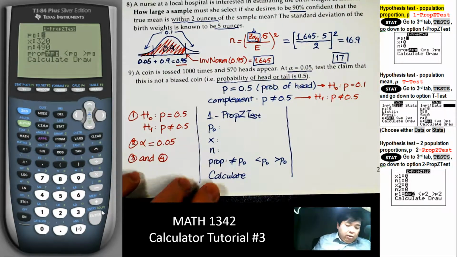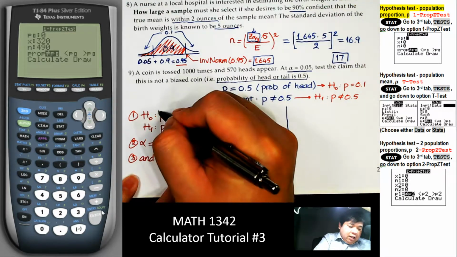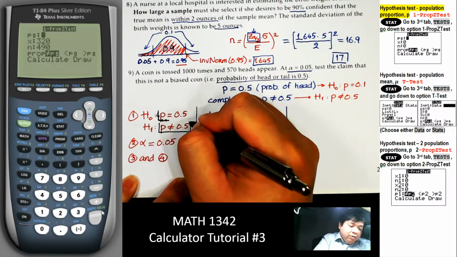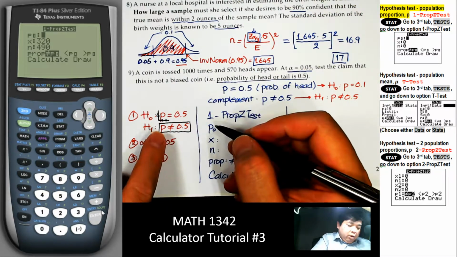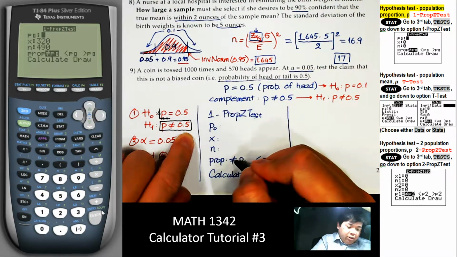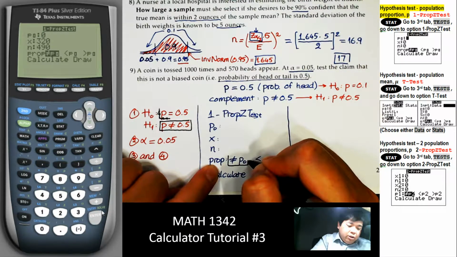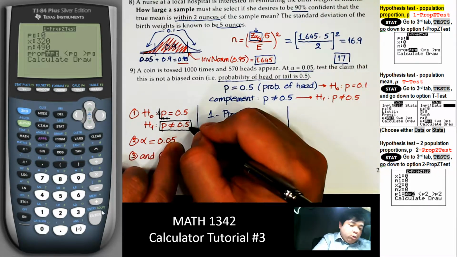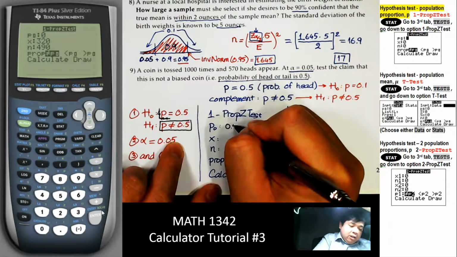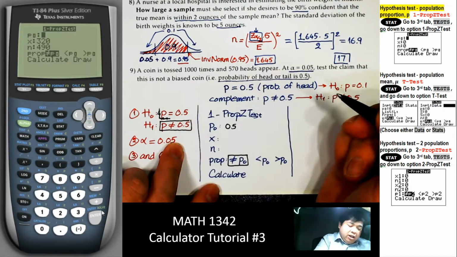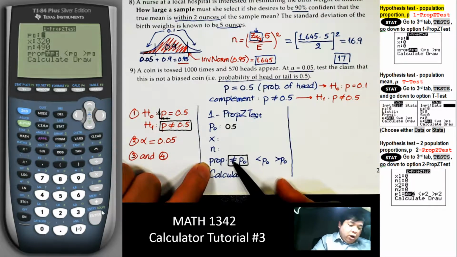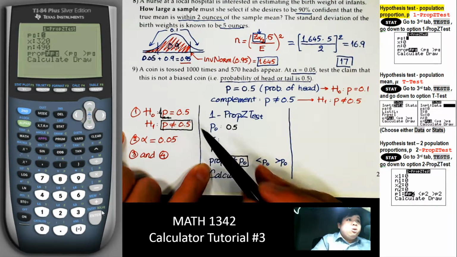Right. Now we focus on the alternative hypothesis. We have the proportion not equal to 0.5, so we're going to choose not equal to, and 0.5 in that case will be the p naught, whatever is on the right side of it. The left side is the proportion, so we have proportion not equal to p naught, and p naught is 0.5.